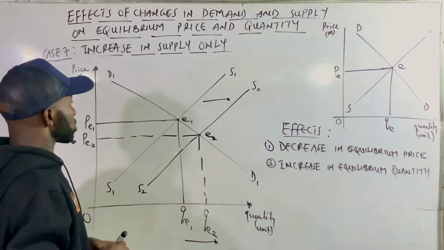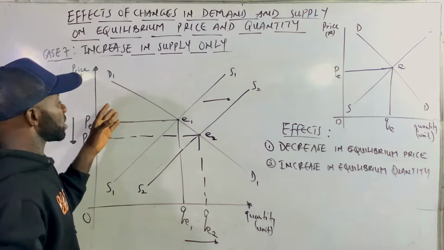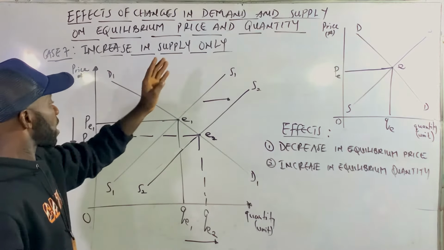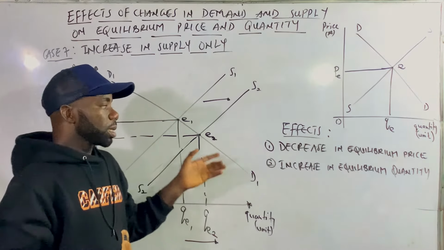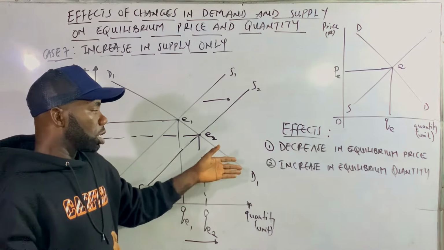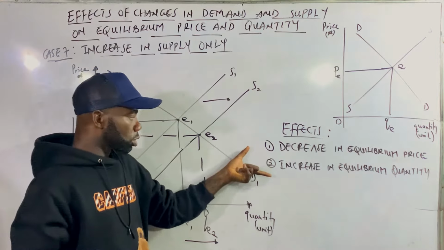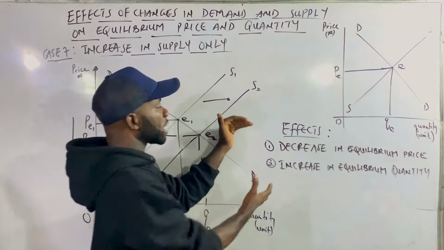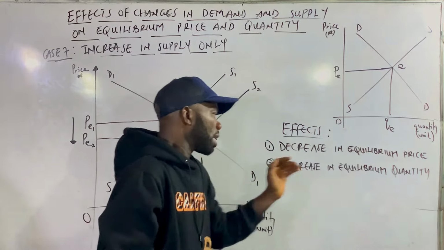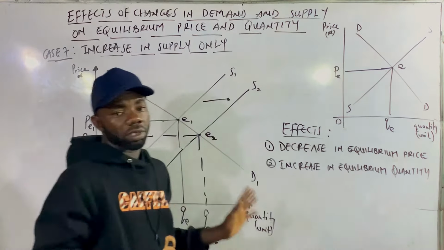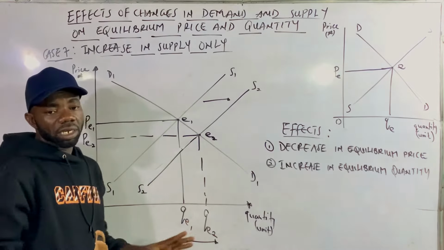So for any question where the examiner says an increase in supply only will lead to dash, the correct answer from the options will be any option that will accommodate a decrease in equilibrium price and an increase in equilibrium quantity. And once you pick that, we're good to go.